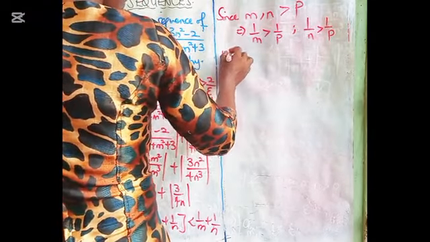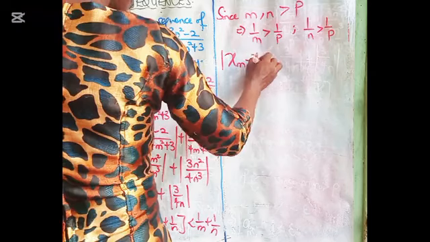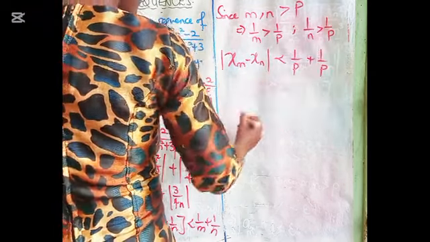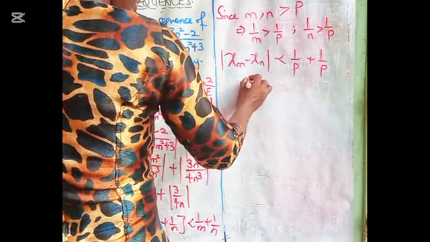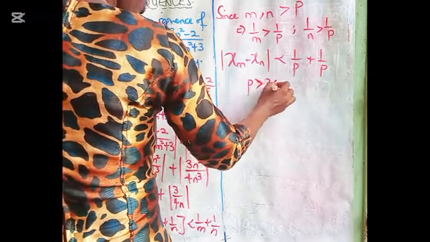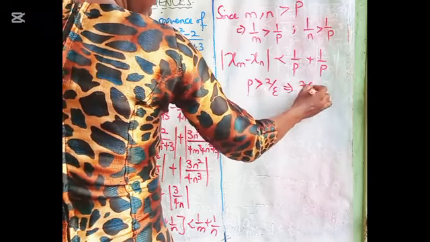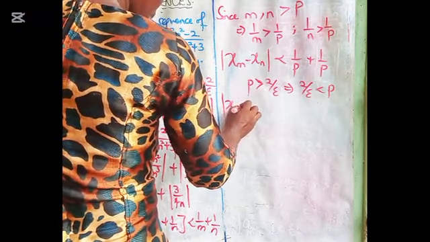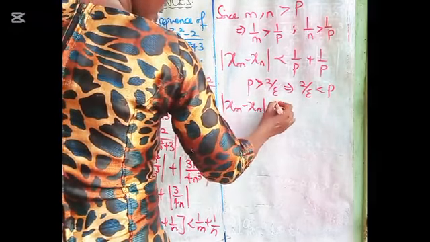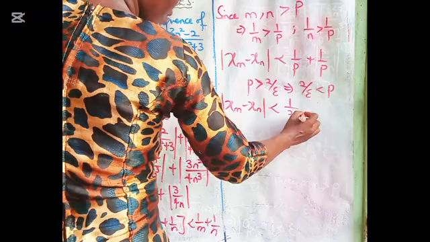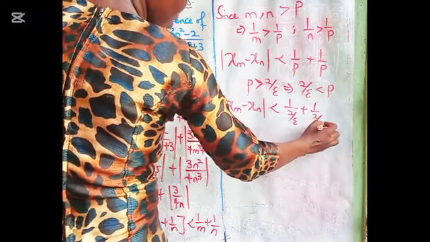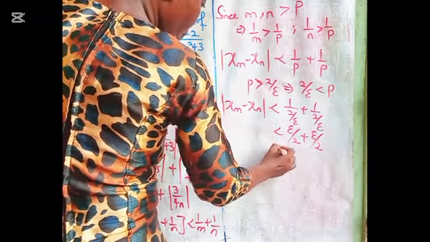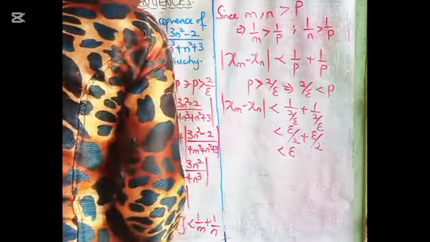Therefore, the absolute value of x sub m minus x sub n will be less than 1 over p plus 1 over p, and we have chosen our p to be greater than 2 over epsilon, which implies that 2 over epsilon is less than p. So x sub m minus x sub n is less than 1 over 2 over epsilon plus 1 over 2 over epsilon. That is epsilon over 2 plus epsilon over 2, and that is equal to epsilon.